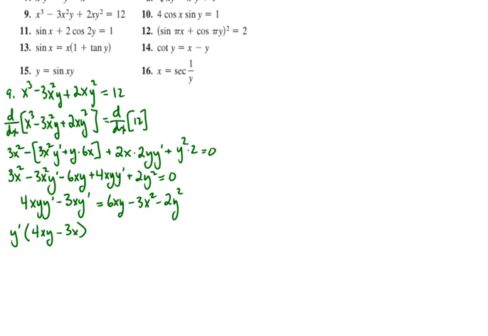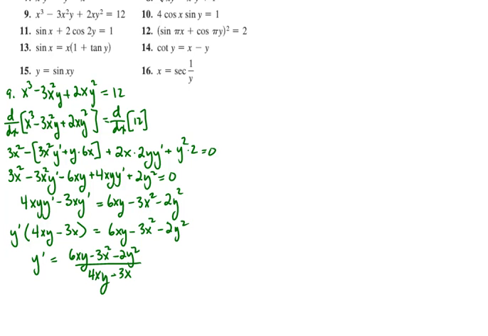And on the right side, I have 6xy minus 3x squared minus 2y squared still. When I divide both sides by 4xy minus 3x squared, I end up with y prime is equal to 6xy minus 3x squared minus 2y squared divided by 4xy minus 3x squared. And that does it for this one.